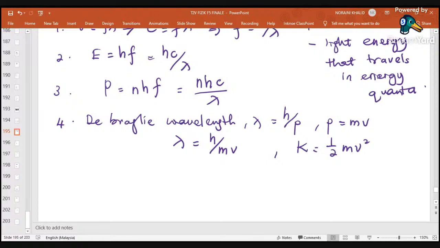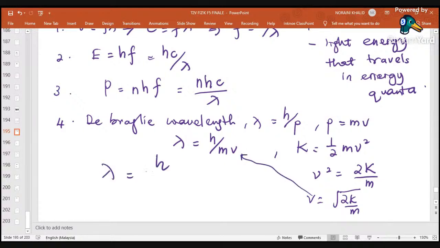From here we get v squared equals 2K over m. So I will substitute into this formula, and I get lambda equals h over m times the square root of 2K over m.